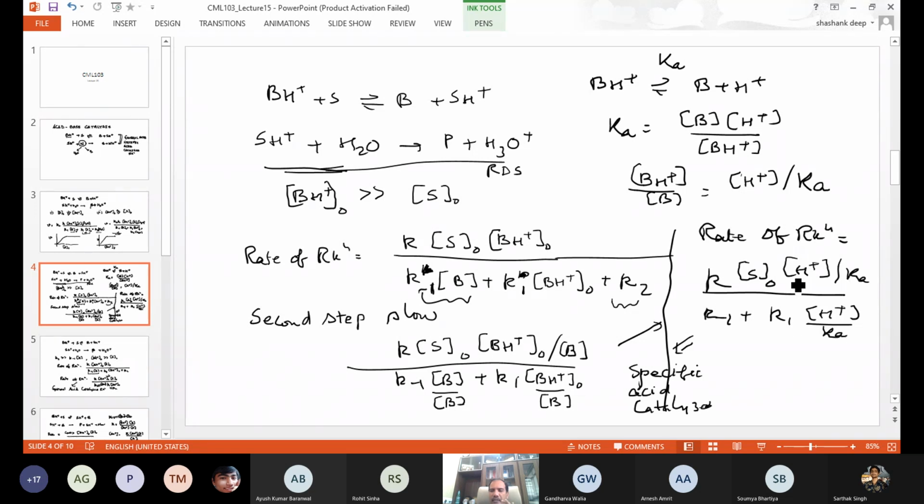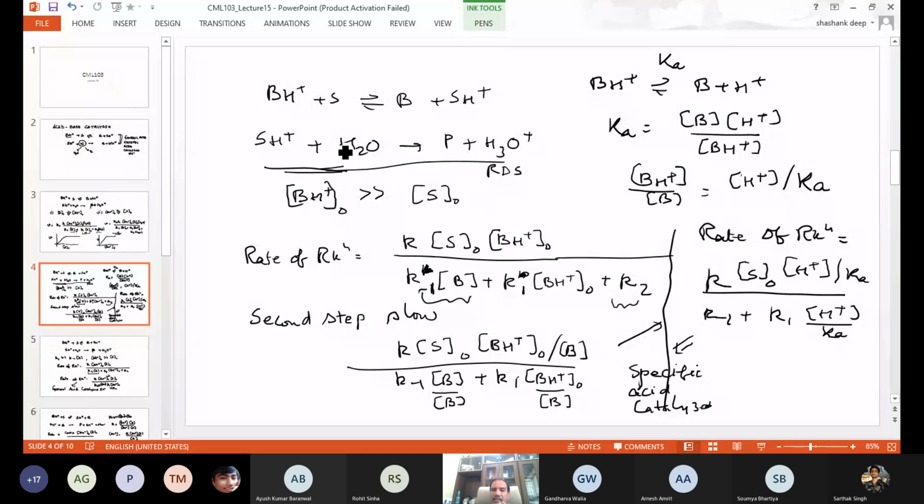So now the rate of reaction depends only on H plus ion concentration. In other words, it depends not on BH plus naught concentration, but on BH plus naught by B concentration, which is basically dependent on H plus ion concentration. And so this is a specific acid catalyzed reaction.